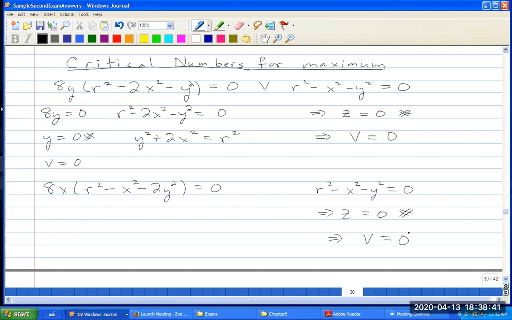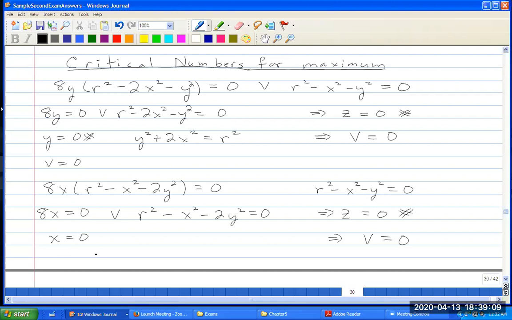So again, that's not going to be maximal. Here I have 8x equals 0, or r squared minus x squared minus 2y squared equals 0. But in this case, x equals 0.